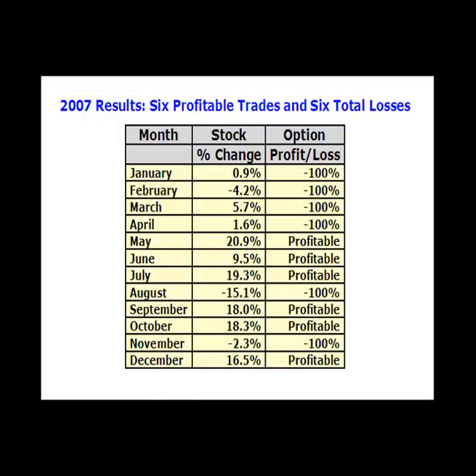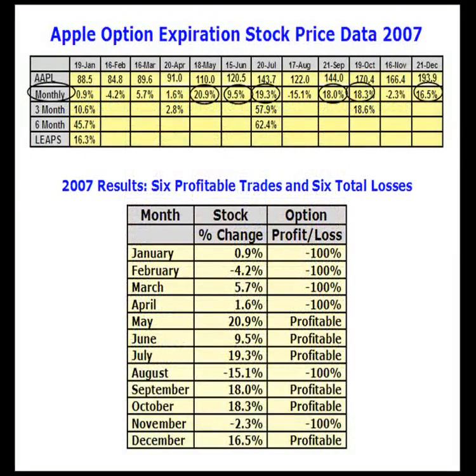Let's take a look at an example of the historical price data utilized by the option cycle strategy. Here is an example of historical price data for Apple stock in 2007. Let's make some assumptions using this historical data to illustrate the differences between in-the-money and out-of-the-money options.